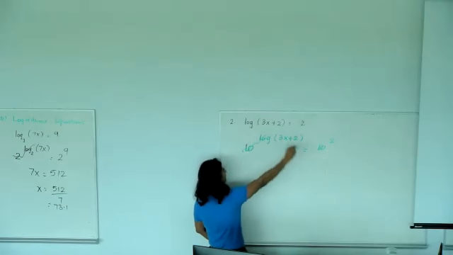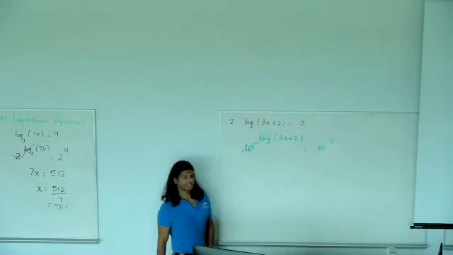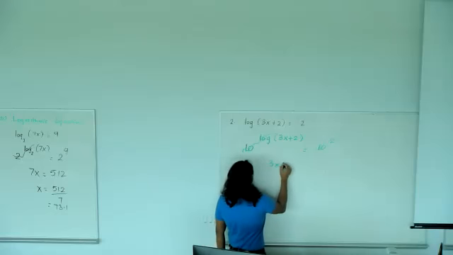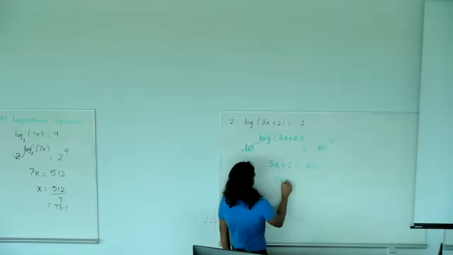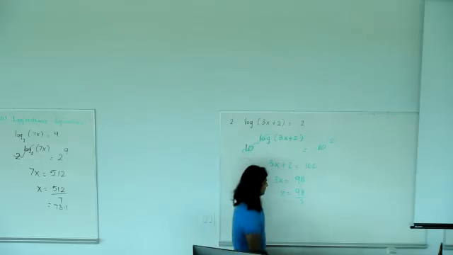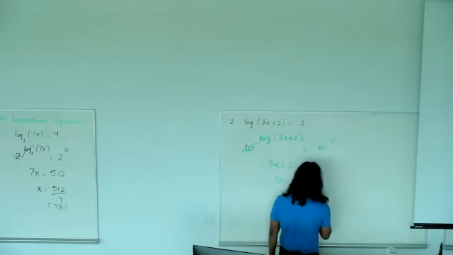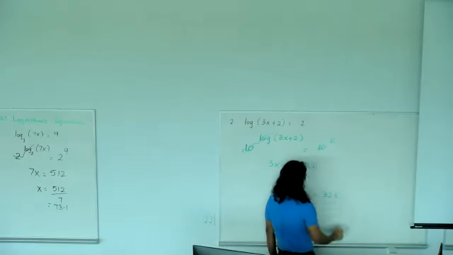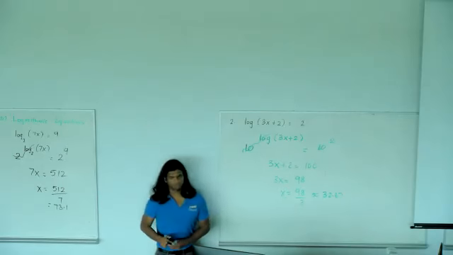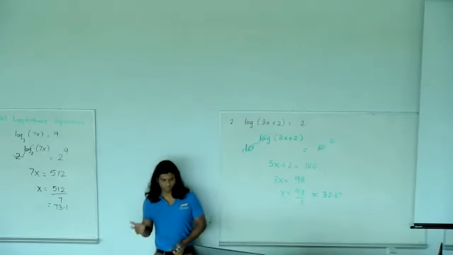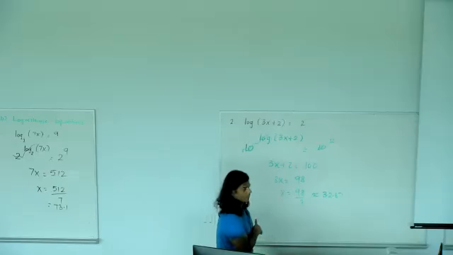Quickly, those two would go away because they are inverses of each other. 3x plus 2 would equal 100. 3x equals 100 minus 2, 98. x equals 98 divided by 3, which is 32.6666, approximately 32.67. You can just leave it as 98 divided by 3 as well. Are we clear?